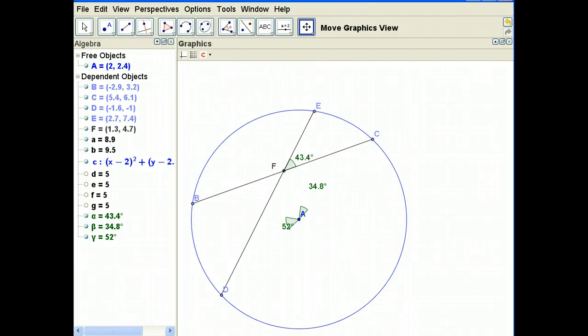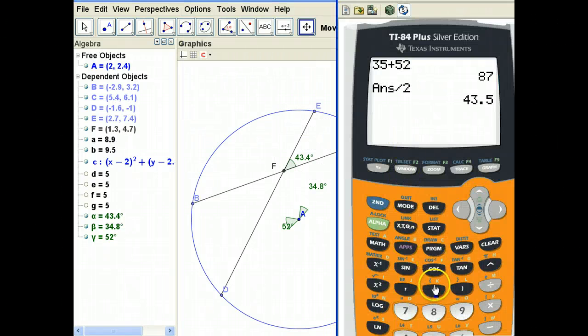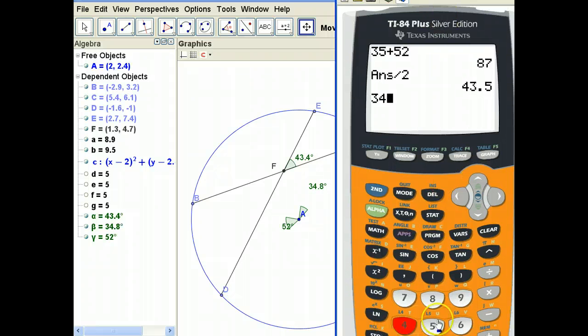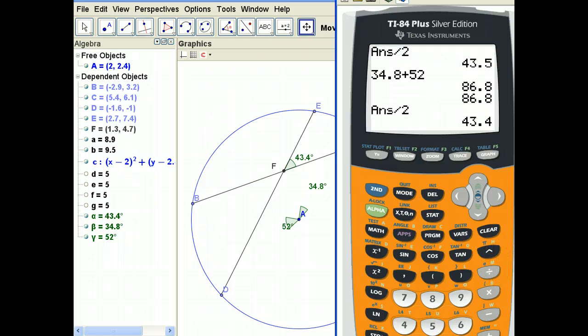If I use more accurate numbers, instead of 35 we'll use 34.8 plus the 52, and then take that answer and divide by 2, we'll get to 43.4, which matches. So the reason it was off slightly before is because of the rounding.